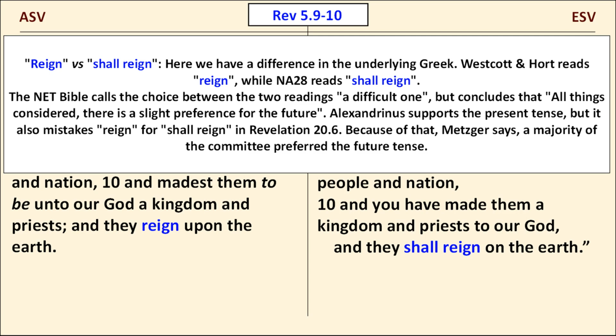But with regard to reign versus shall reign, here we have a difference in the underlying Greek. Westcott and Hort reads reign, while NA28 reads shall reign. The NET Bible describes the choice between the two readings as difficult, but it concludes that, quote, all things considered, there is a slight preference for the future, unquote, tense, shall reign.